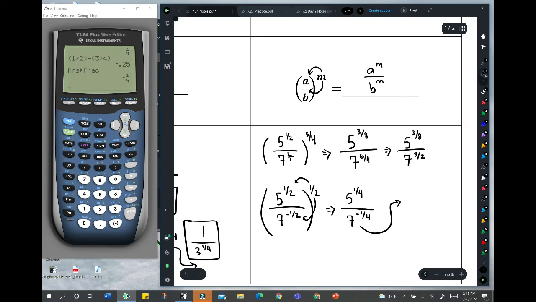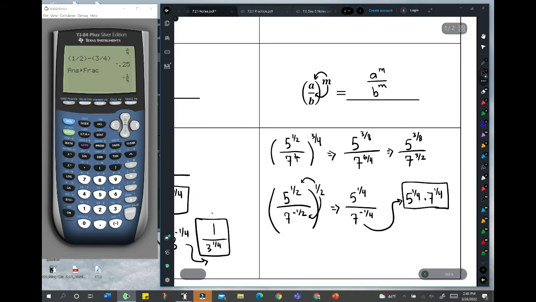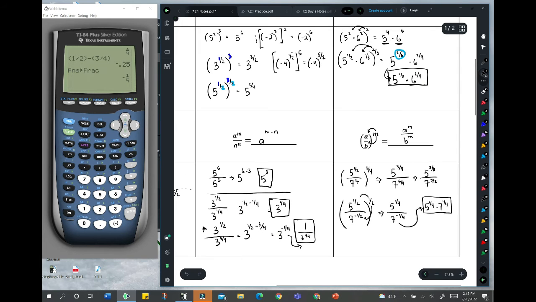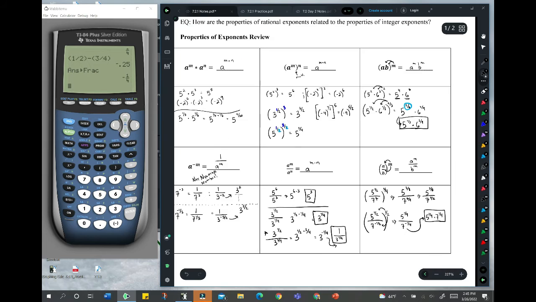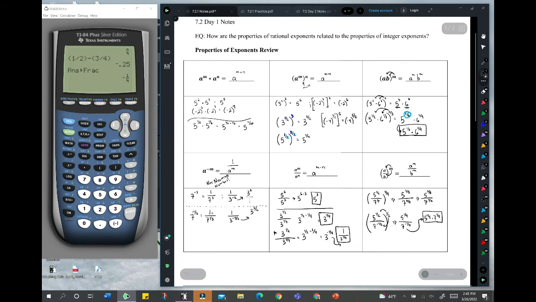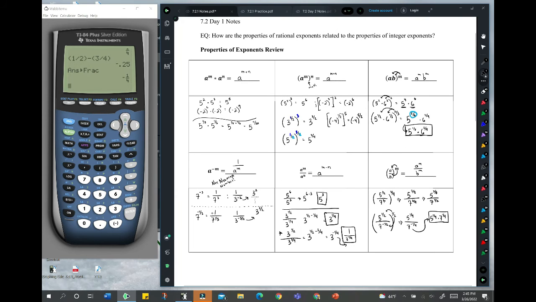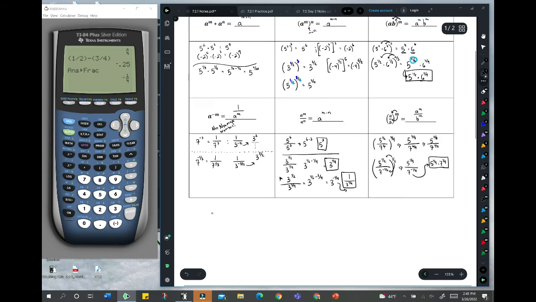Negative exponents you want to get rid of, so that's going to go upstairs. The 5 to the 1/4 is still up there, times 7 to the 1/4, and you would stop there as your answer. So all those things, as you can imagine, we're going to combine them in a little bit, but those properties all apply to fractions as well. Pause if you need to, get those examples down, and then we'll get into some more challenging problems.